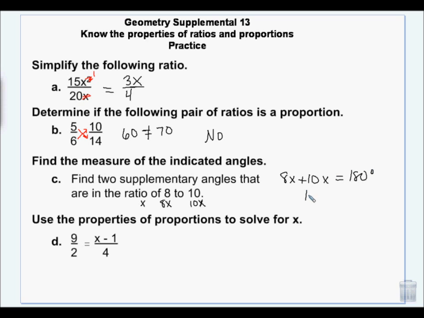So 18x is 180. So x is 10. But I don't want to know what x is, right? I want to know what 8x and 10x are. So I have 8x is 80 and 10x is 100. So these are my angles.